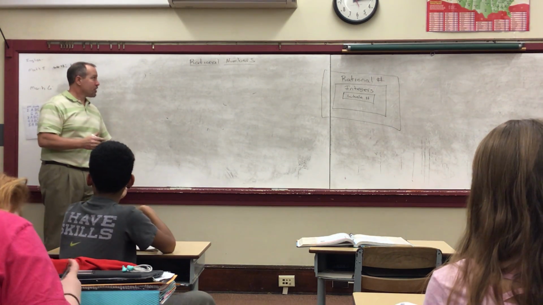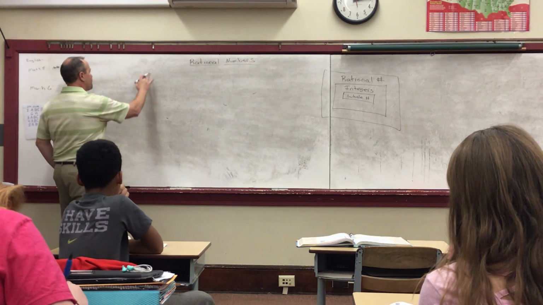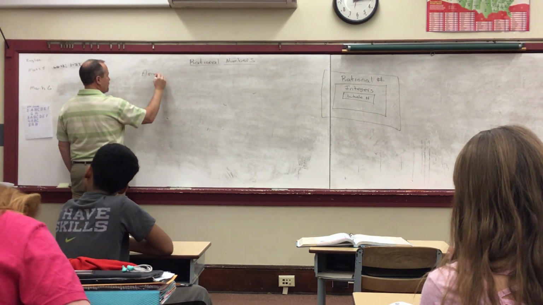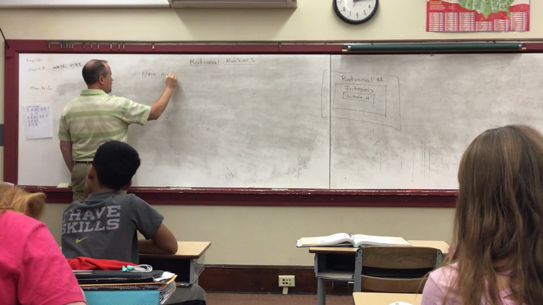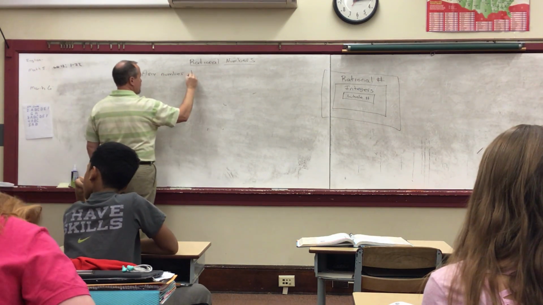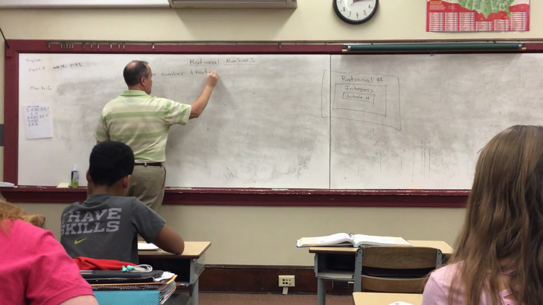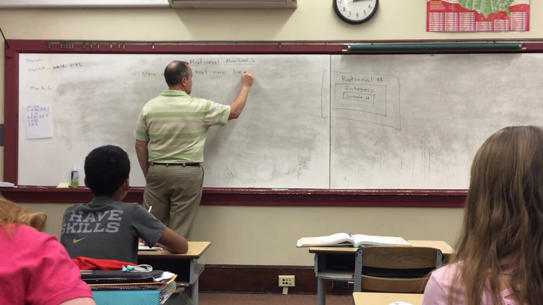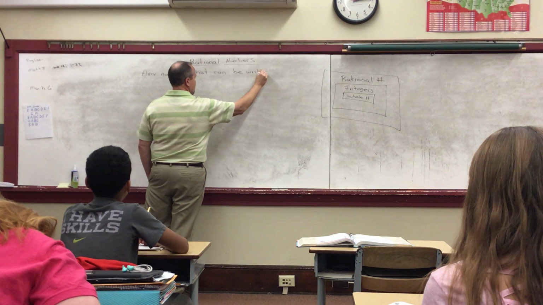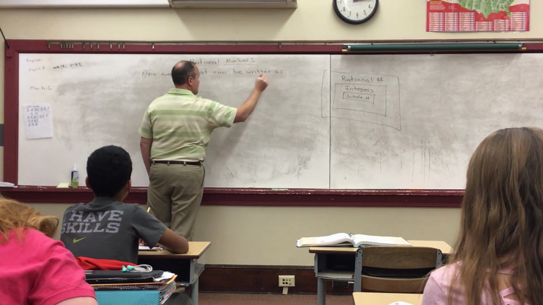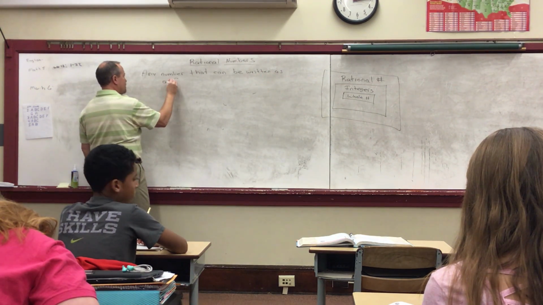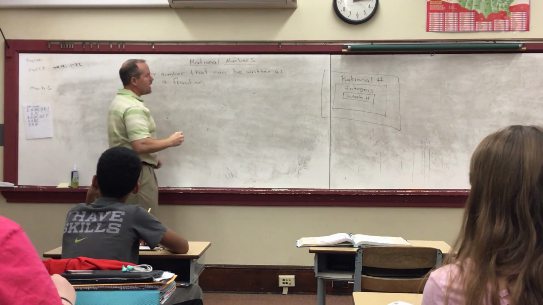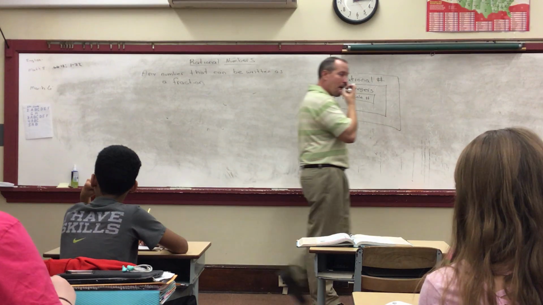A fraction. So rational numbers are any number that can be written as a fraction.